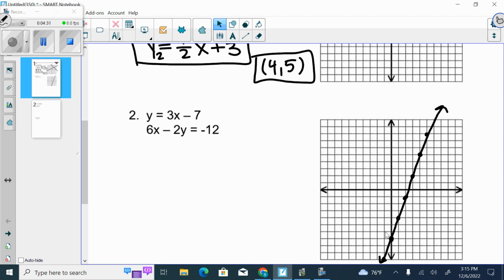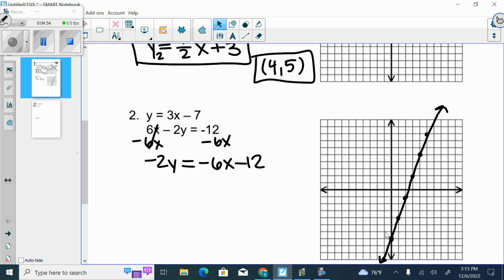Is the second equation ready to graph? No. Okay. So what do I need to move for that second equation to work? Move the 6x, good. But just like before, we can't actually subtract the 6x, so we're going to leave these two pieces separate. Negative 6x and negative 12.